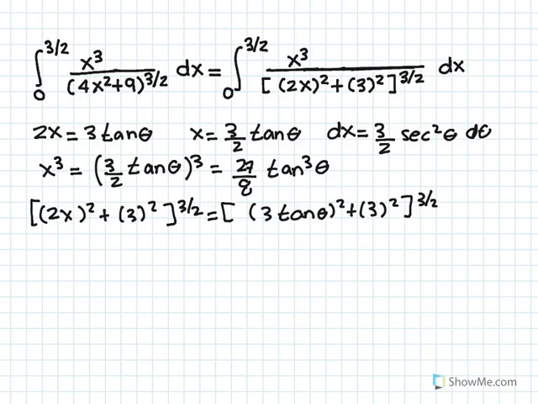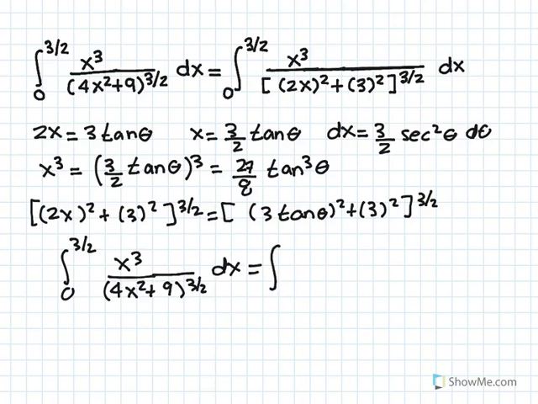So now we'll rewrite the integral from 0 to 3/2 of x cubed divided by 4x squared plus 9 to the power of 3/2. We can rewrite this integral, that is in terms of x, in terms of theta. And that was the whole point of the trig substitution. So we change the limits, the lower limit is now 0. The upper limit is pi over 4.